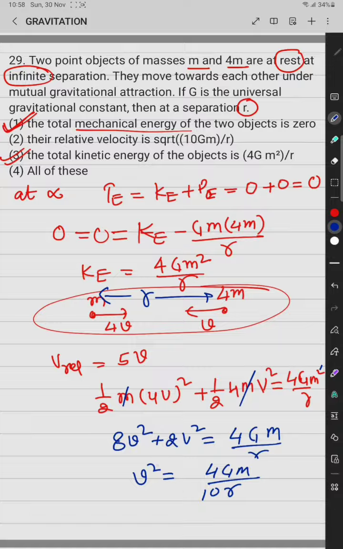Then velocity is equal to under root of 2 by 5, but we want to find the relative velocity. Relative is 5 times of v.